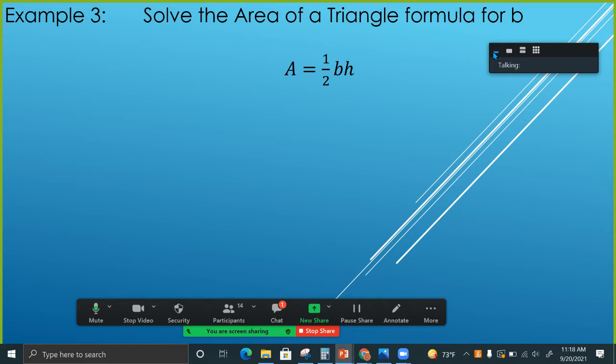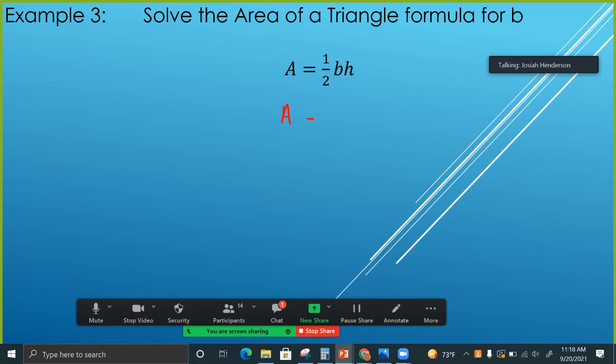Let's talk about this one. This one is a little tricky. It's a little tricky because it's got 1/2 times B times H, right? So when I multiply this half times B and H, you can think of it as a half times it. But another thing is that I could combine the half, the B, and the H all into one division, one fraction.